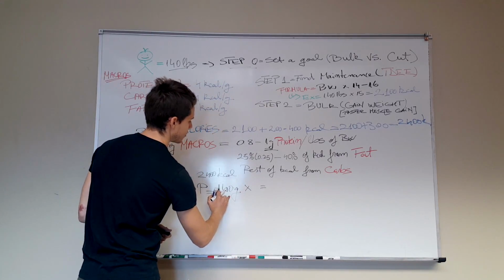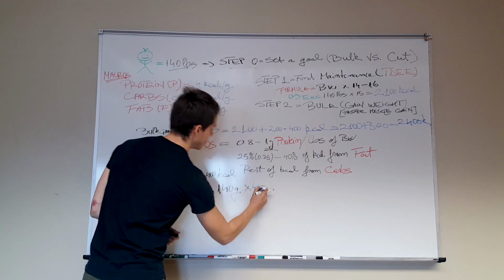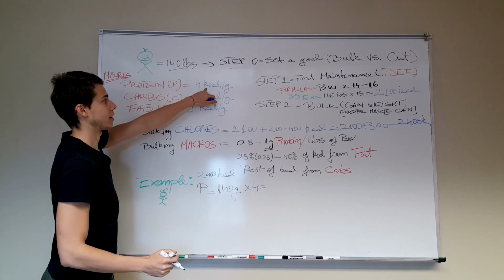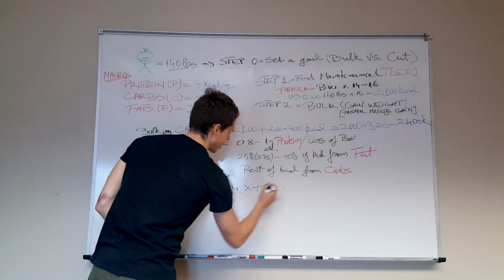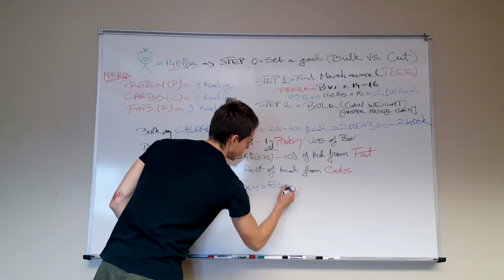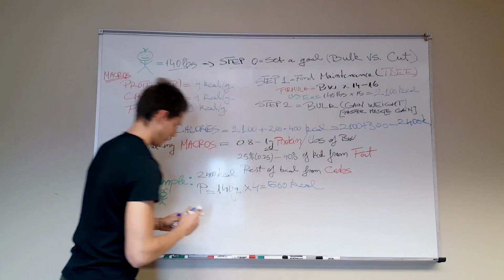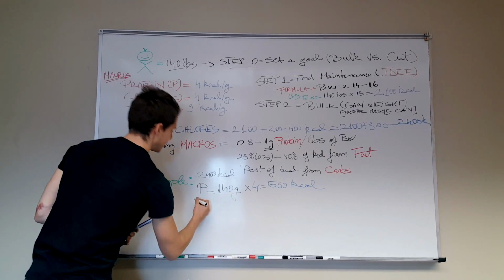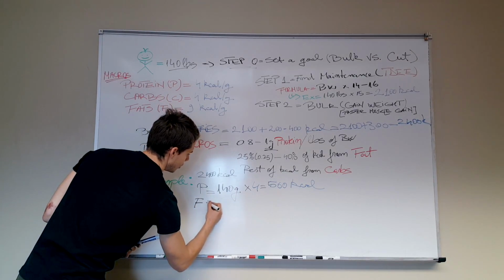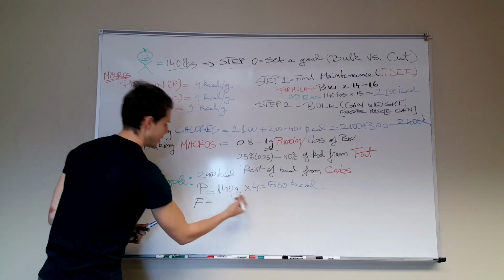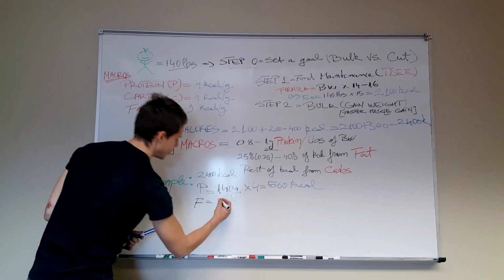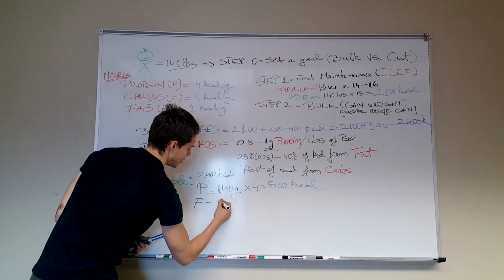So 140 grams of protein times 4, because each gram of protein is 4 calories, is going to give us 560 calories.